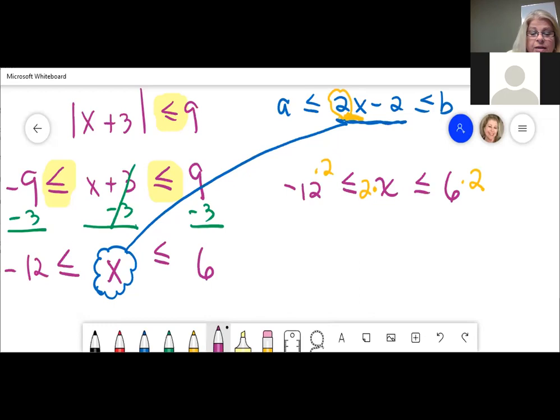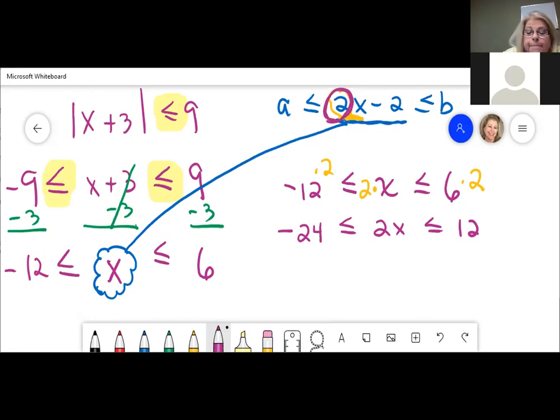Yes. Oh, wait, I do have a question. Uh-huh. What if that 2x was a 3x or a 4x? Then would you still times it by 2? No, you'd multiply it by 3 or by 4 or whatever this number is right here.